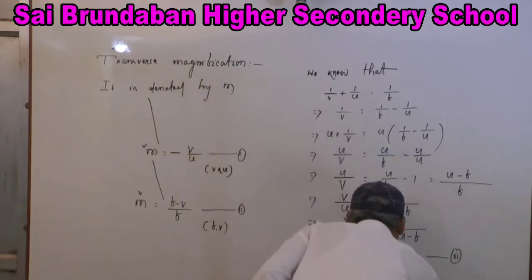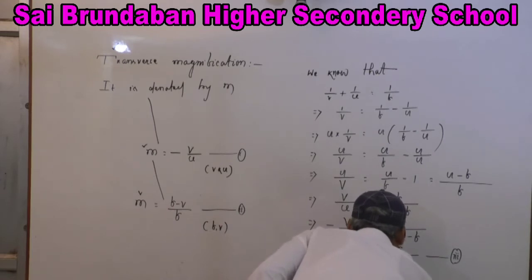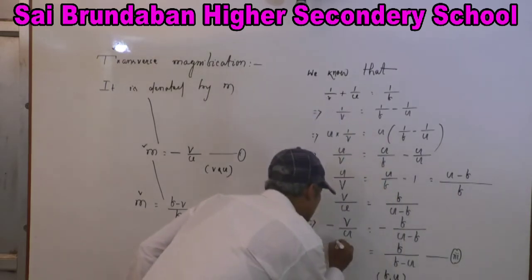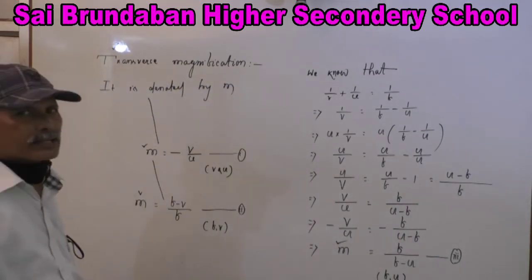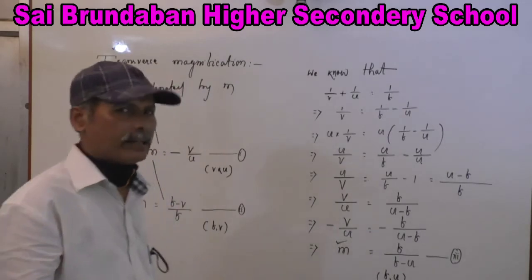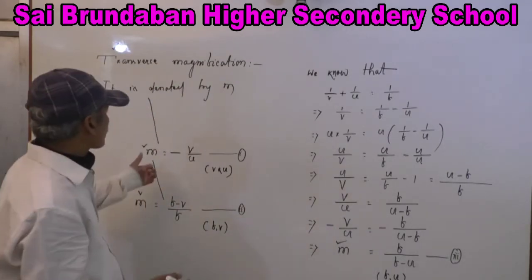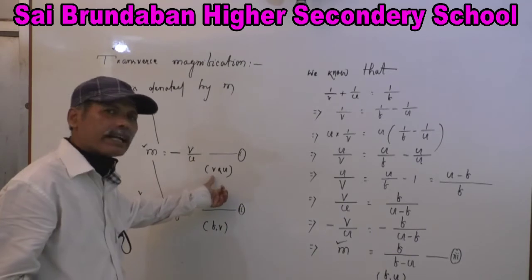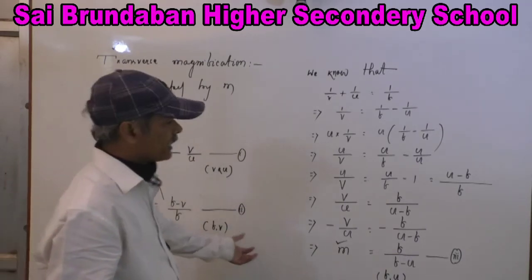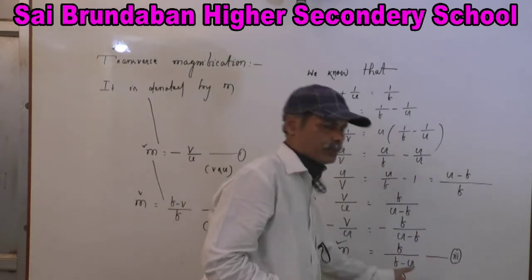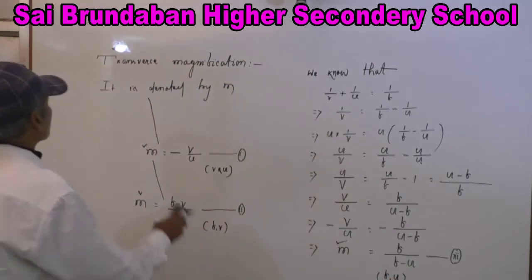Here we require f and u to find transverse magnification. So transverse magnification can be represented in three different ways: in terms of v and u, in terms of f and v, and in terms of f and u.